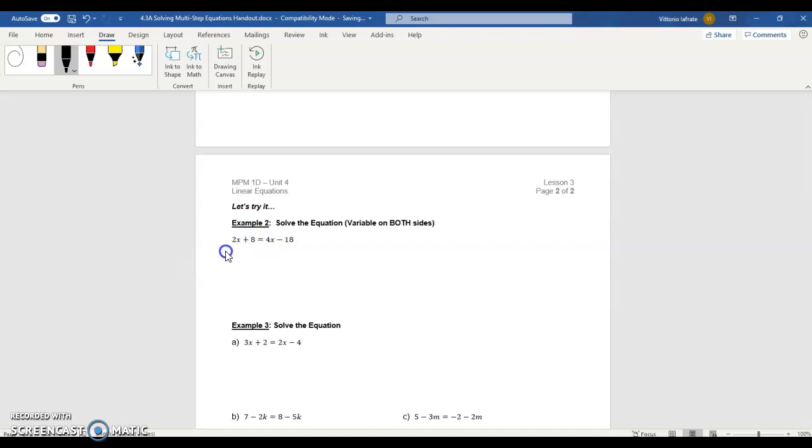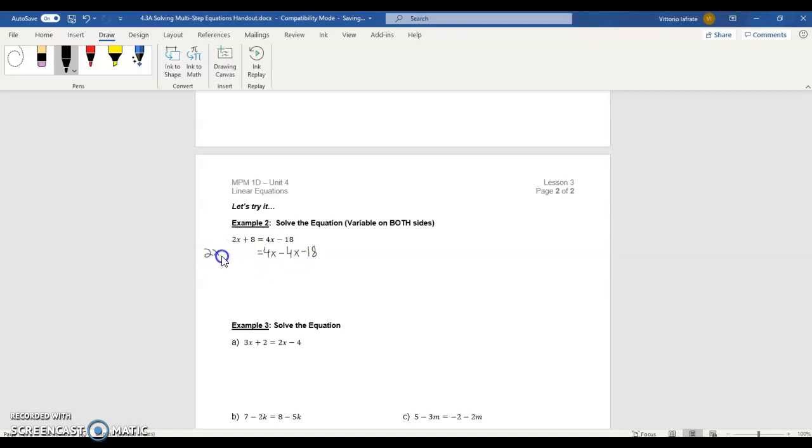The way to do that is by using inverse operations. I'm going to start off this way just to show you what I'm doing in my head. 4x is on the right side right now. To get rid of it, I need to do the opposite. I need to subtract it. I need to do 4x minus 18, and I need to do the same thing on the other side. 2x.